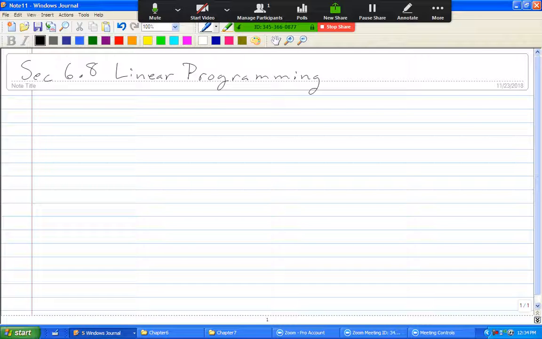So in general, a linear programming problem will consist of some objective function.